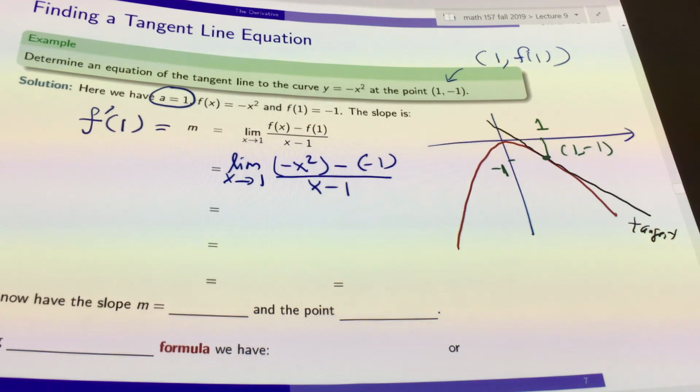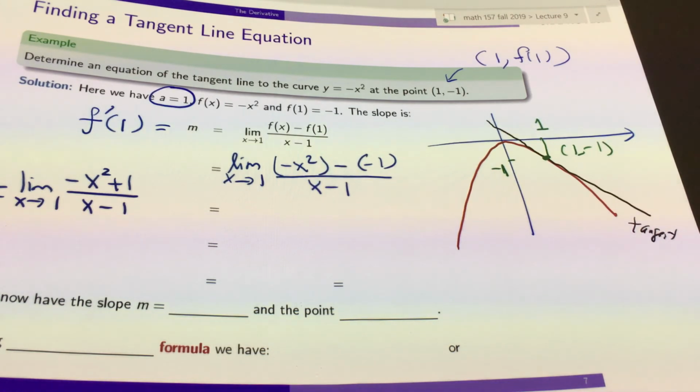Once you have the definition, you plug in your function and get this limit, and now you simplify it. Let me put one more step here: minus x plus 1, over x minus 1. This is the limit you want to compute.